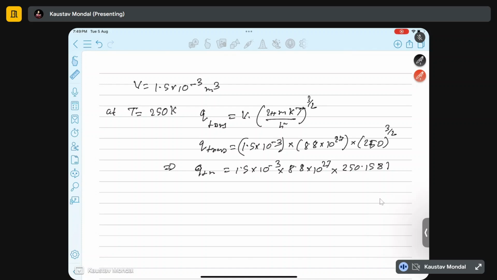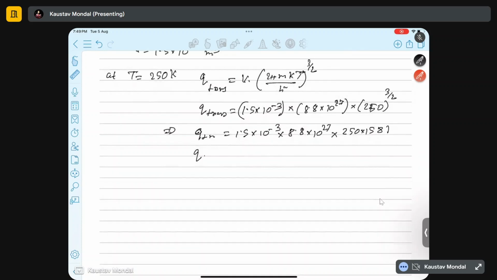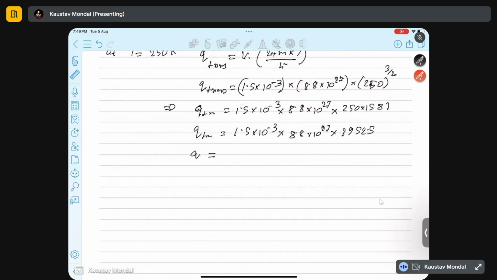If you multiply it further, the translational partition function gives you 1.5 into 10 to the power minus 3 into 8.8 into 10 to the power 27 into 3952.5.